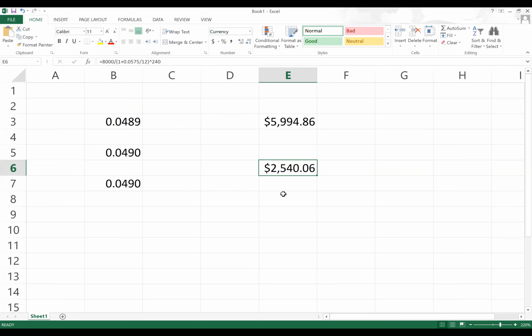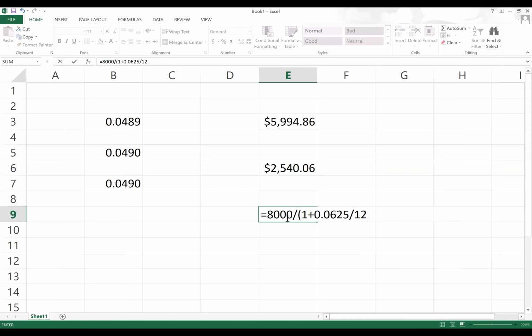We go back to the Excel. 8,000 dividing by 1 plus. So now the interest rate is bigger, meaning the denominator will become bigger. When the denominator gets bigger and the numerator stays the same, the total outcome becomes less.